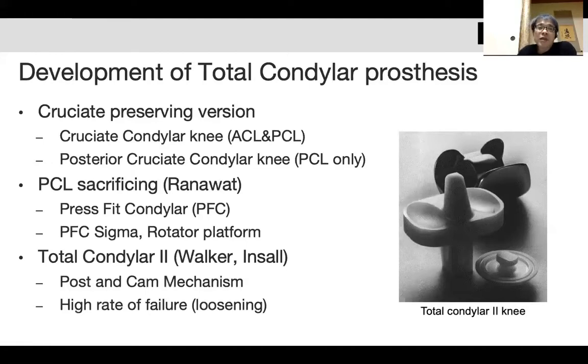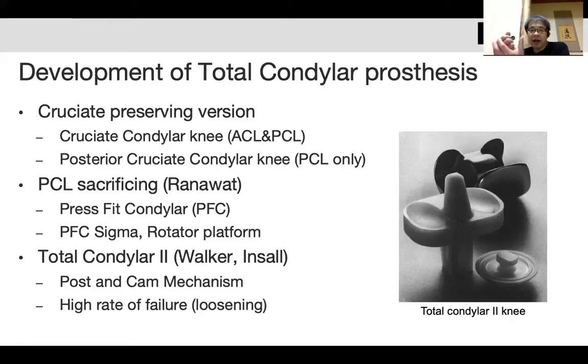So there are many approaches to improve the dilemma of the conformity and the mechanical stress between the femur and the bearing and the tibial and the bone interface. One way is only resurfacing, keeping the ACL and the PCL.